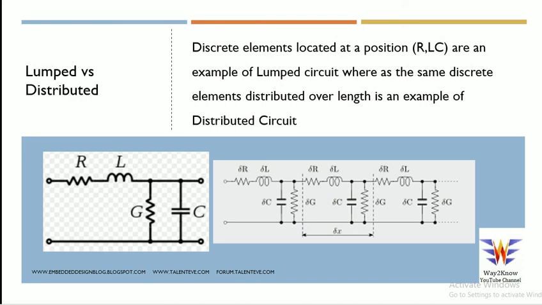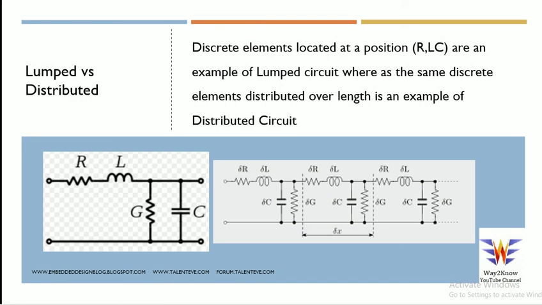So first of all, before going in detail, let us talk about two definitions which are called lumped versus distributed. Basically, a lumped circuit is nothing but a series of discrete elements which are located at a specific position rather than being distributed.